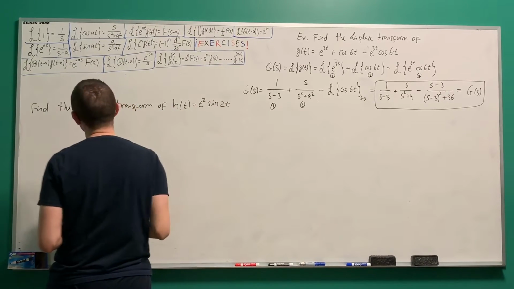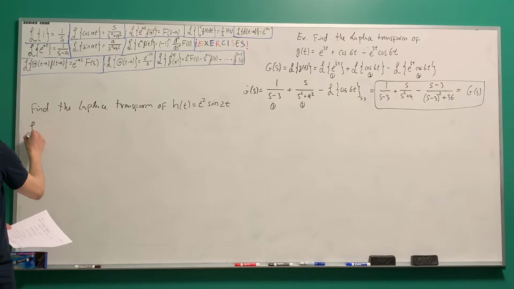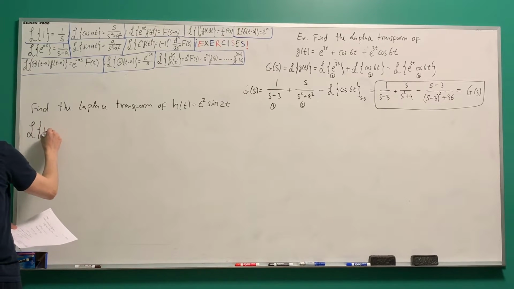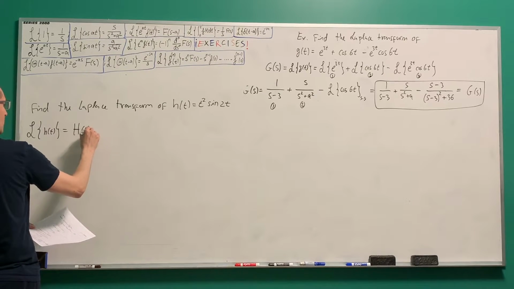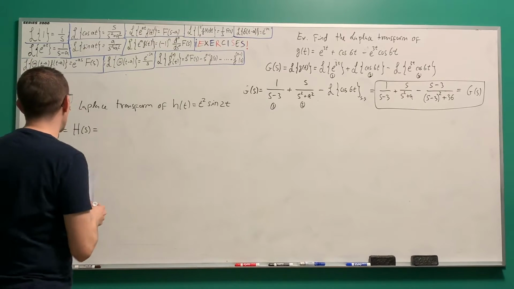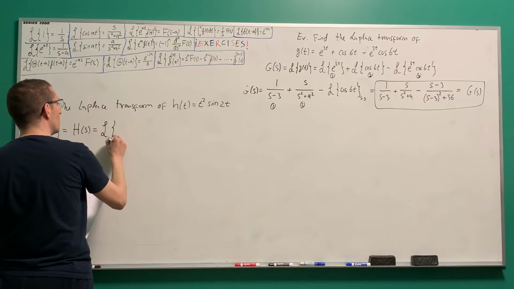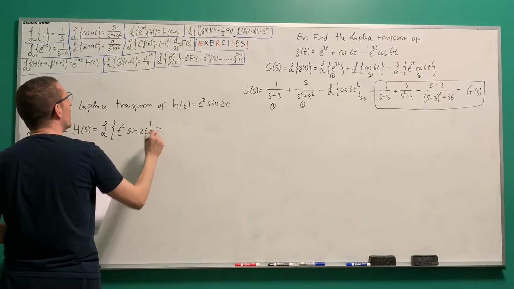Let's do that one. Well, we know that the Laplace transform of h of t, you remember, we're going to call it capital H of s. So this thing is the Laplace transform of t squared sine 2t, for sure.